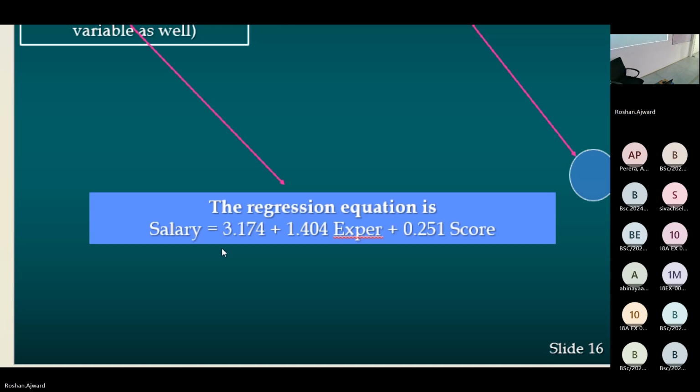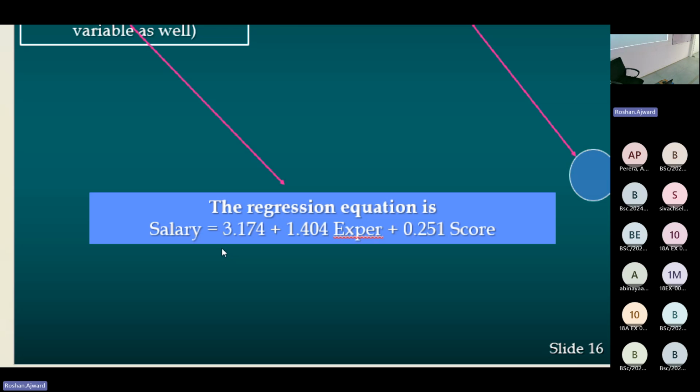Is that clear? So what it means is you can now predict the salary. Please write down this equation. So you can write down the final regression model.